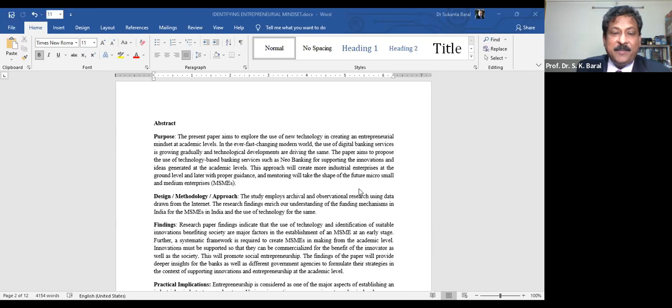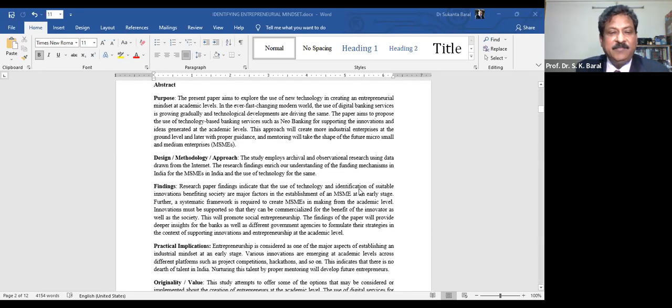You see very clearly I have written the design, methodology and approach. The study employs archival and observational research using data drawn from the internet. The research findings enrich our understanding of funding mechanisms in India for MSMEs, particularly repeatedly it is written, MSMEs, and use of technology for the same.